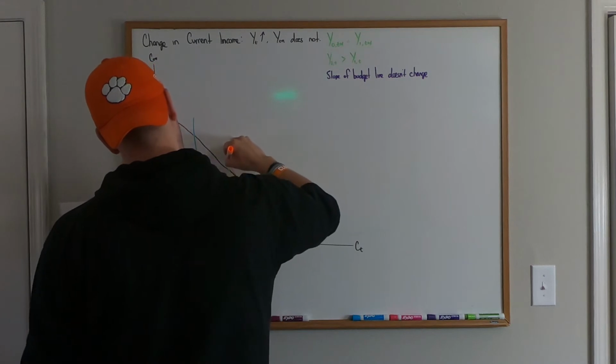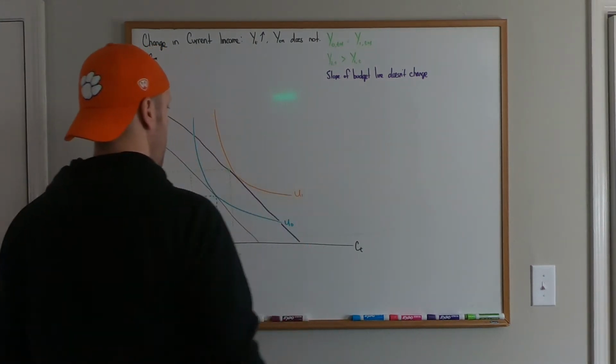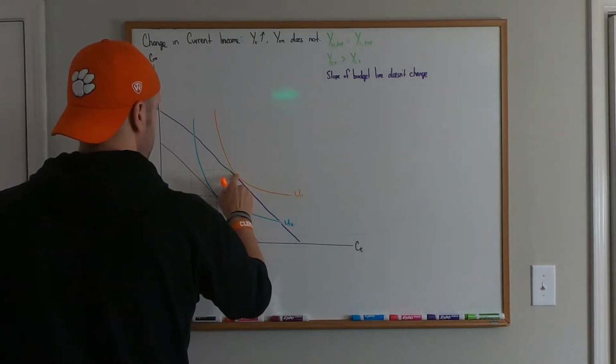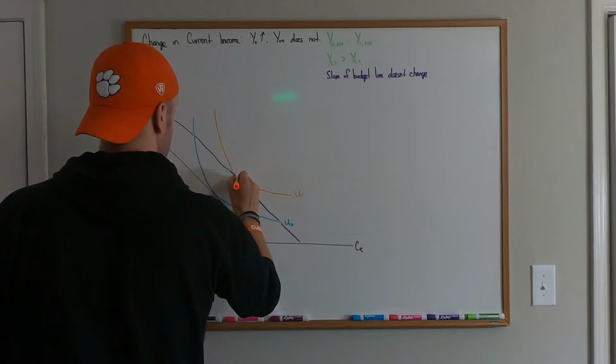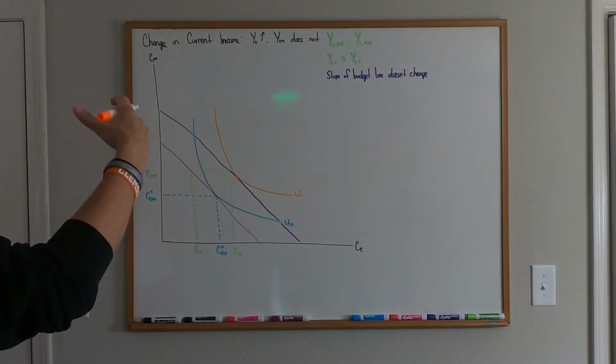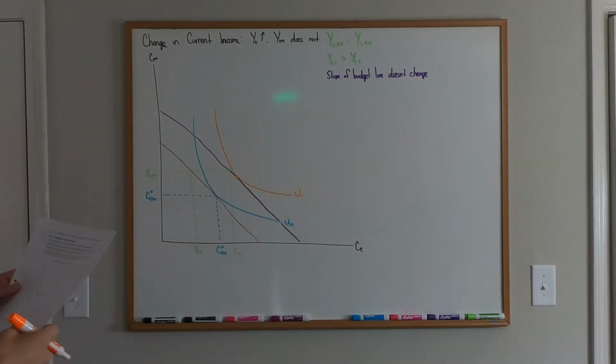You move to a new indifference curve because income rose. Because income went up, we can achieve a higher level of utility.